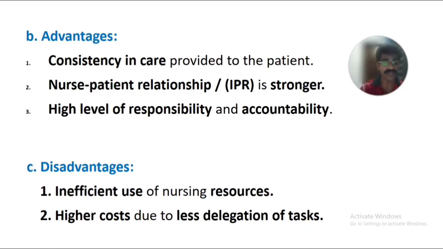So if the case method is followed like that, the hospital authority may have to appoint more staff. So that is the disadvantage of the case method. This is about the case method or total patient care method.